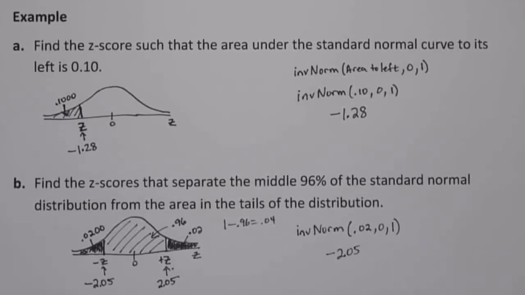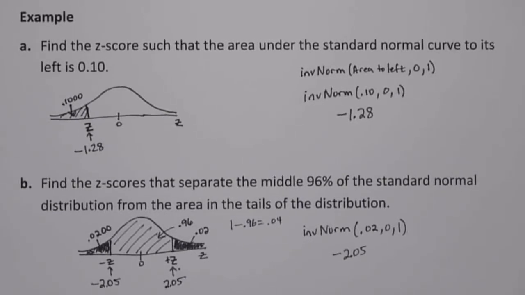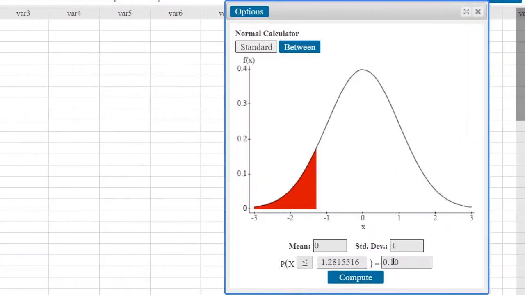In the same way, I could do part B. So in part B, we wanted the area in the center to be 0.96, which we figured means the area in the two tails has to be 0.02. So I could come out here and type 0.02, and when I say compute, it gives me the result of negative 2.05.